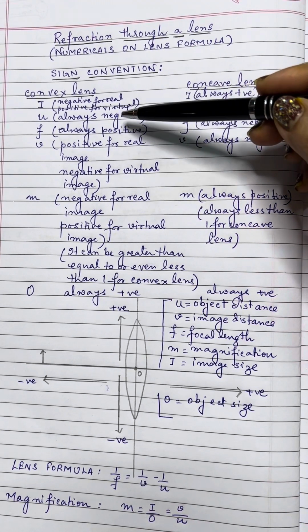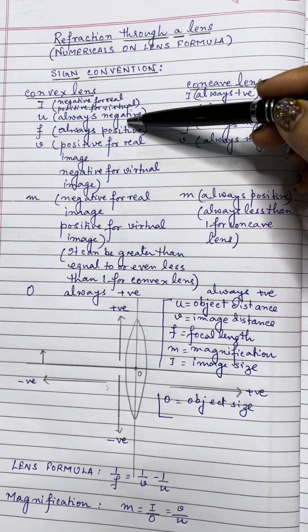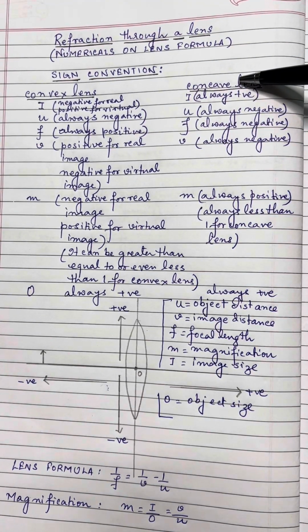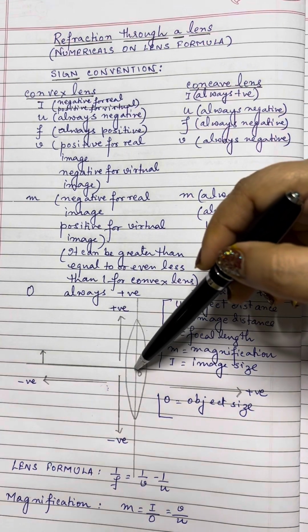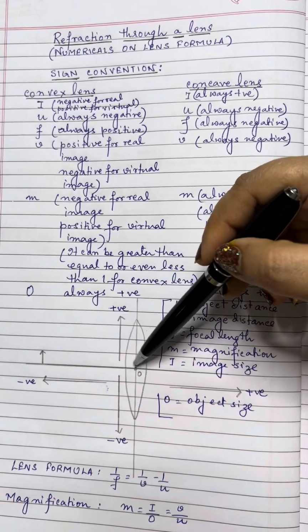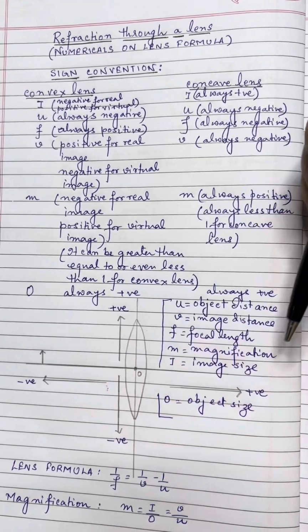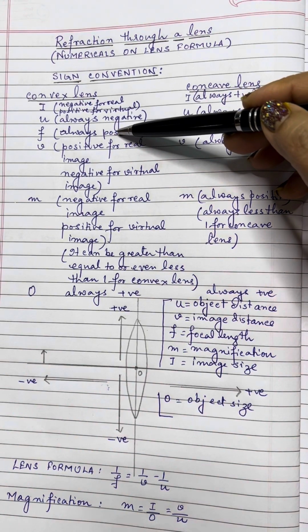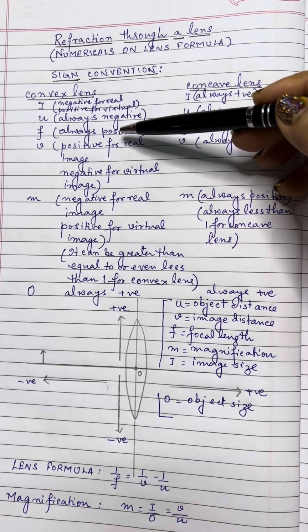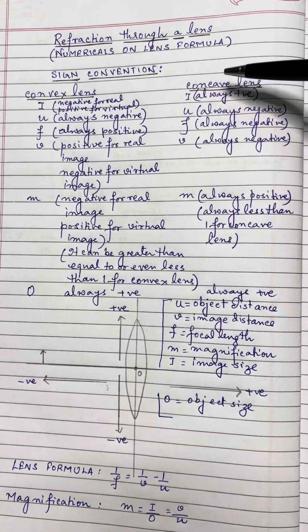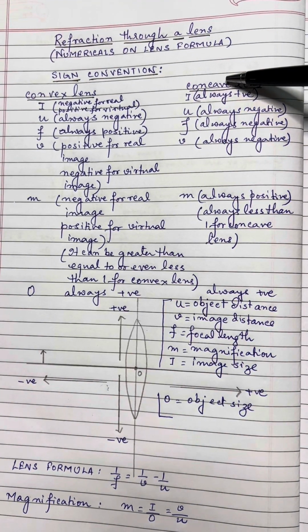Object distance is always negative, and that is so for both the convex lens as well as the concave lens, because the object distance is measured to the left hand side from the optical center. So, it becomes negative. Then is the focal length. The focal length is positive for the convex lens and negative for the concave lens.